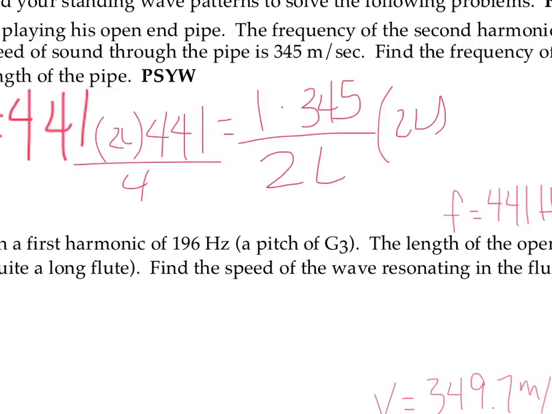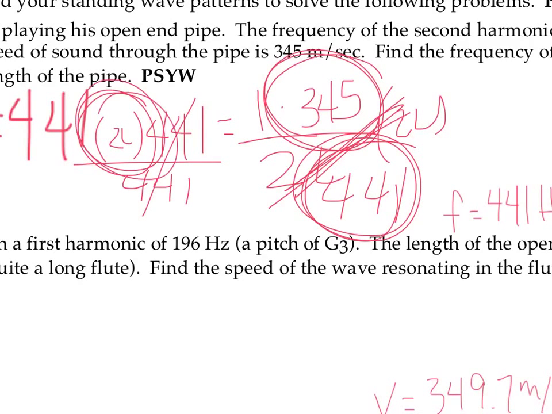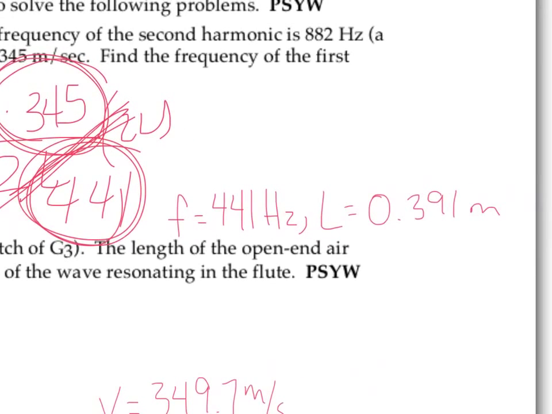Divide both sides by 441. And what you get is what boils down to this. 345 divided by 441 is equal to 2 times the length. So we have to divide again by 2 to get to our length, and that should work you out to the number I have here of 0.391 meters.